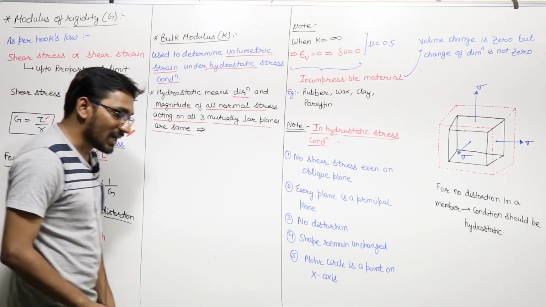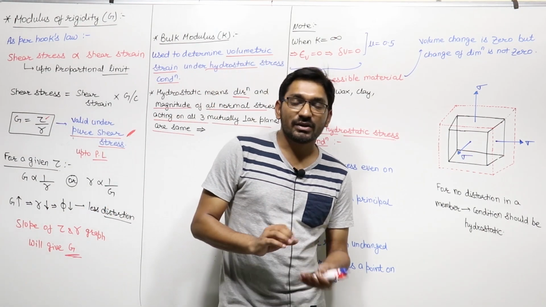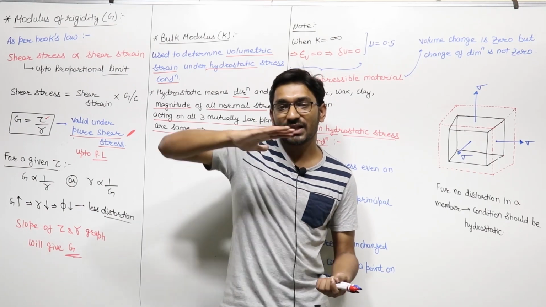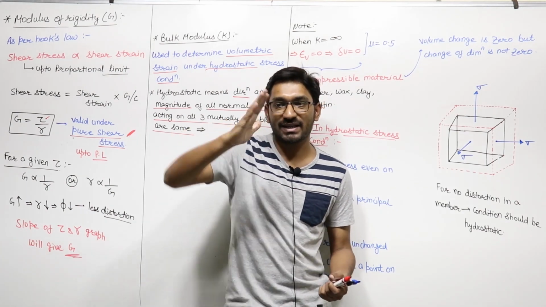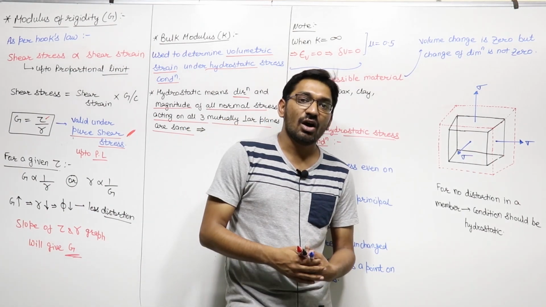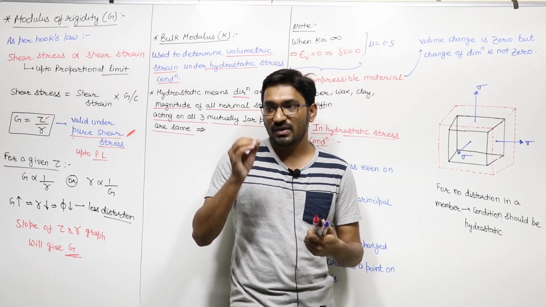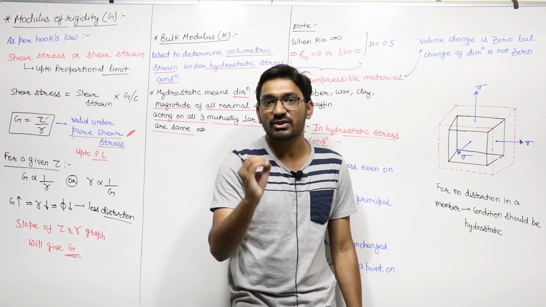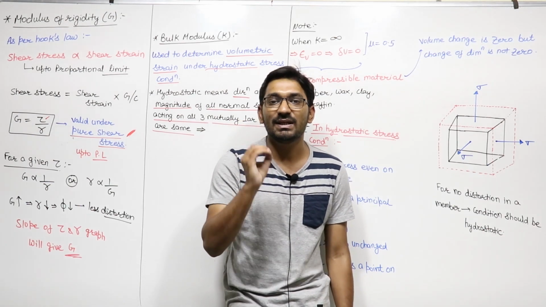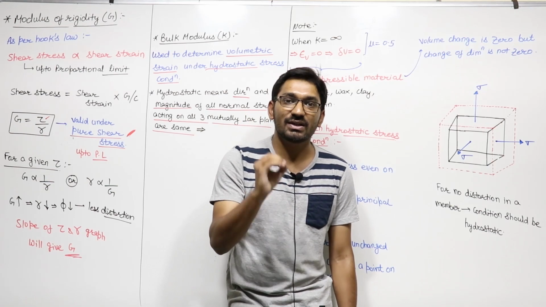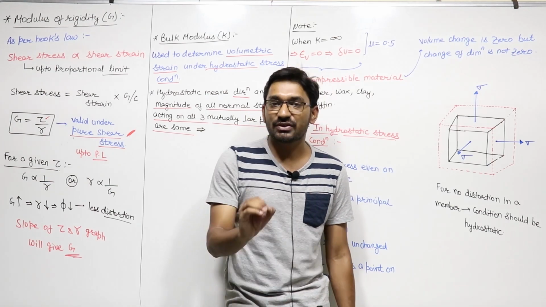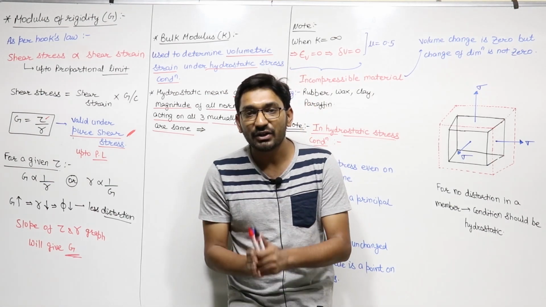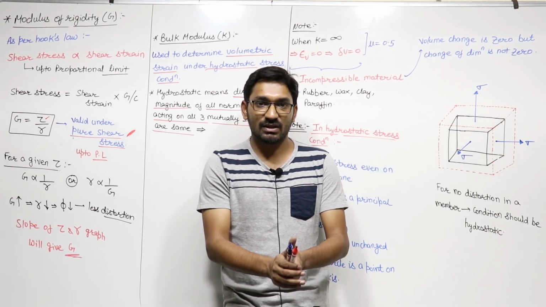Hydrostatic stress condition means the normal stress on all three faces, that is the X face, Y face and Z face, the direction and magnitude of normal stress, that is sigma, will be the same. That stress condition is known as the hydrostatic state of stress.